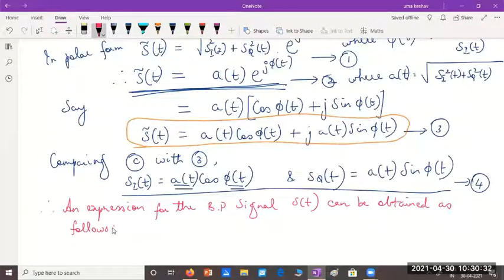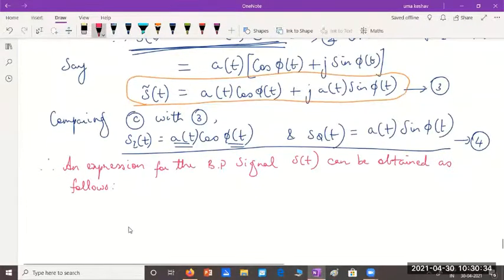First, I should write the expression for S of t in terms of the complex envelope. Do you remember that expression? How can I link S of t with S tilde of t?